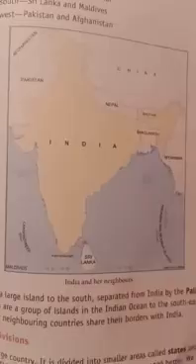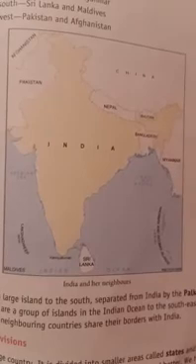So just as we have people living next to our house and we call them neighbors, our country India has many neighboring countries. Okay, so let's try to know about those neighboring countries of India.